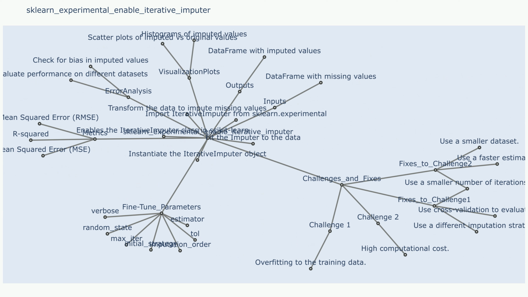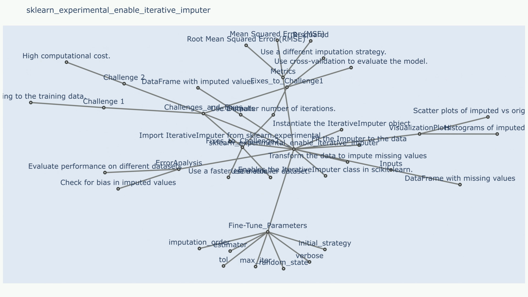Imputation. The trained estimator is then used to predict the missing values in the current feature. Convergence. This process of iteration and imputation continues until a predefined convergence criterion is met, usually measured by the change in the imputed values between iterations.